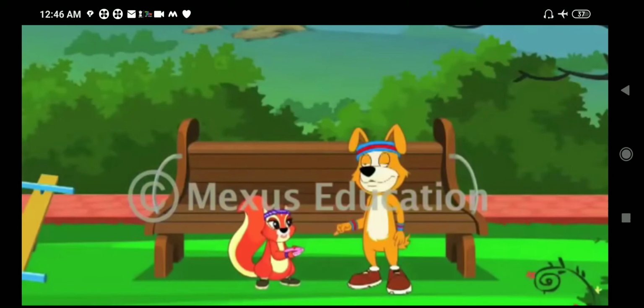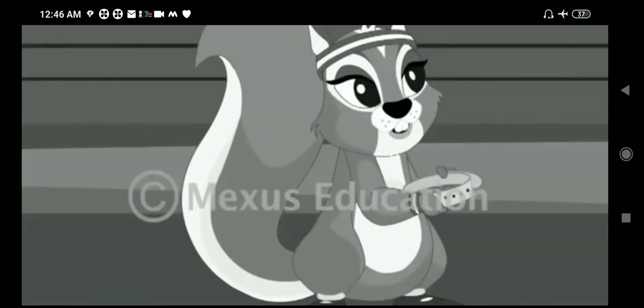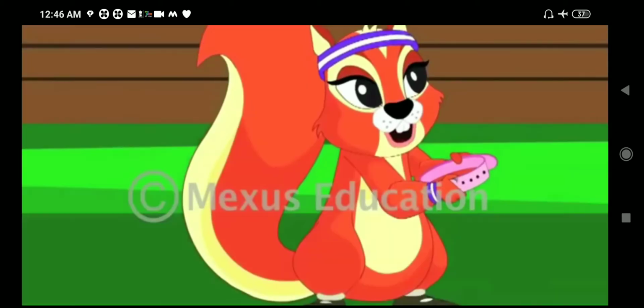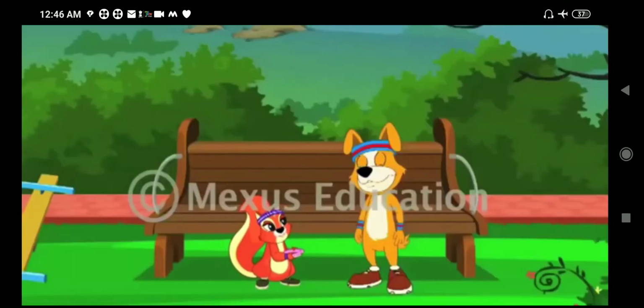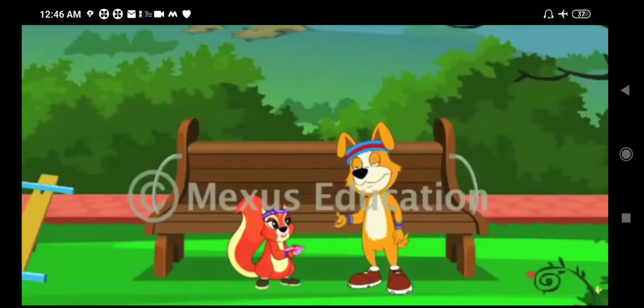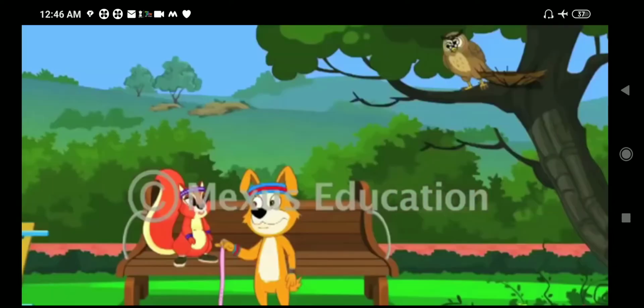Buster, I've got a small gift for you. Hey, gift! Wow, show me, show me! Here it is. A brand new collar for you. Should I tie it around your neck? Yes, do it please. I don't know. How can this be small?